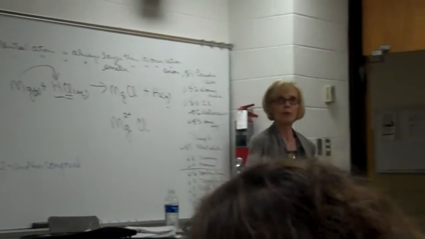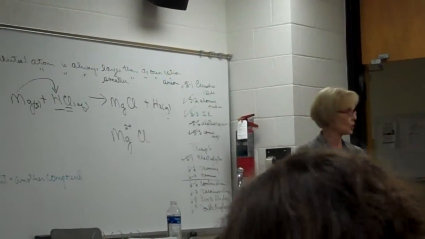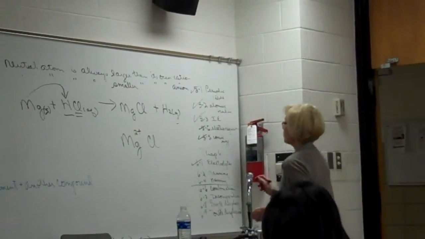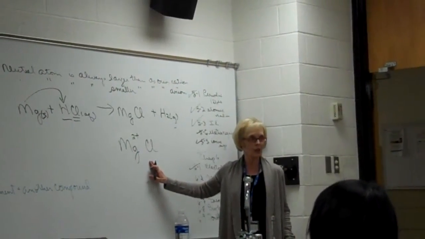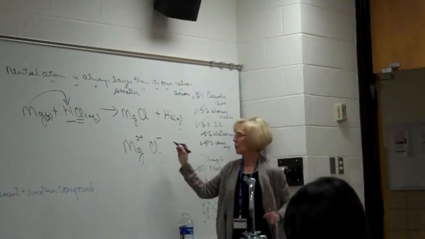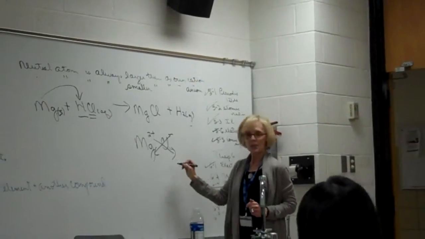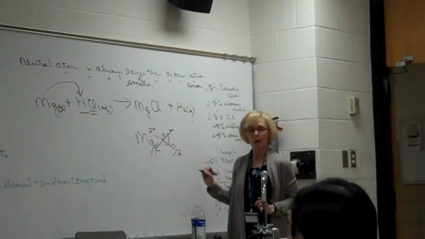How do we know it? By position. All those guys become plus 2. Okay, if chlorine takes on a charge, what charge does it take on? Minus 1. You do your double cross down, disregard signs, that becomes a 1, that becomes a 2.